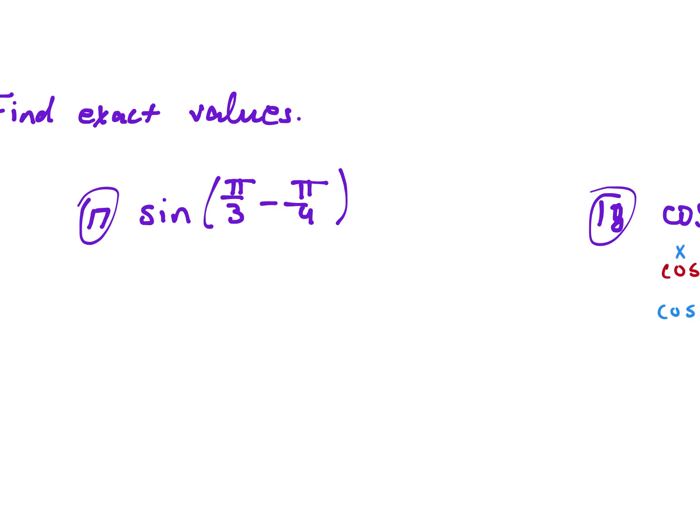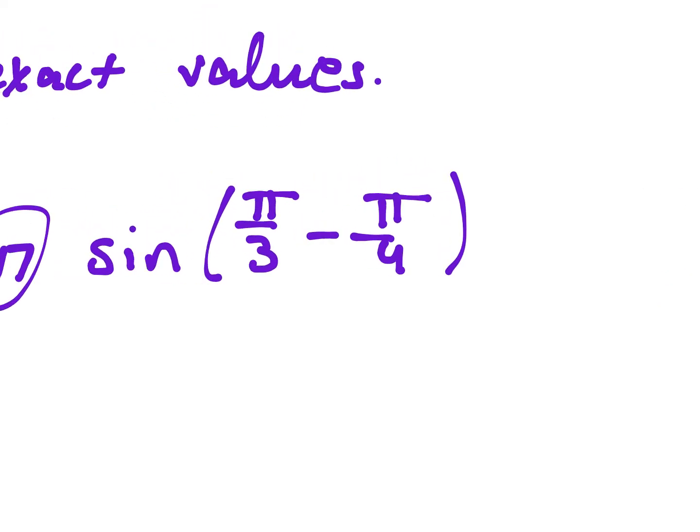All right, so 17. Usually I would want to convert these to figure out what degrees they are, to see if it's over 360 or not, but these are both on our unit circle. If you want to convert them, pi over 3 is 60 degrees, and pi over 4 is 45 degrees.